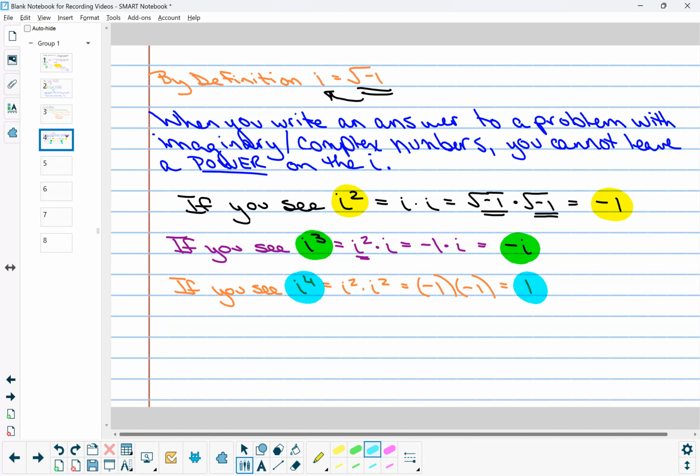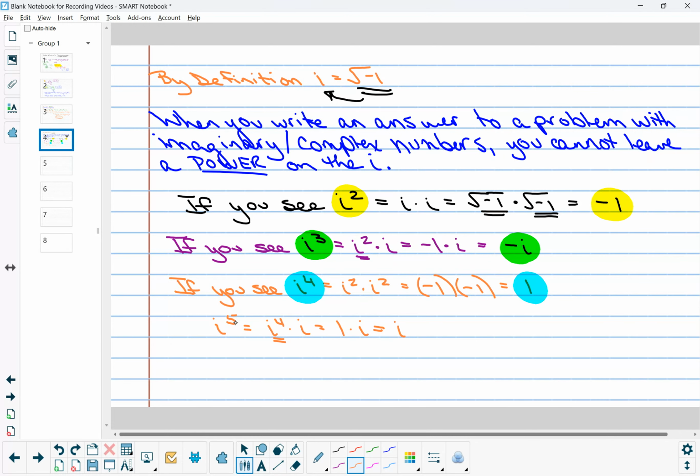Okay, and then actually what happens, this is kind of wild, it's like a cyclical wheel. I'll show you. So if you see i to the fifth, that's actually i to the fourth times i, right? And we know i to the fourth is equal to 1 times i, so that equals i.